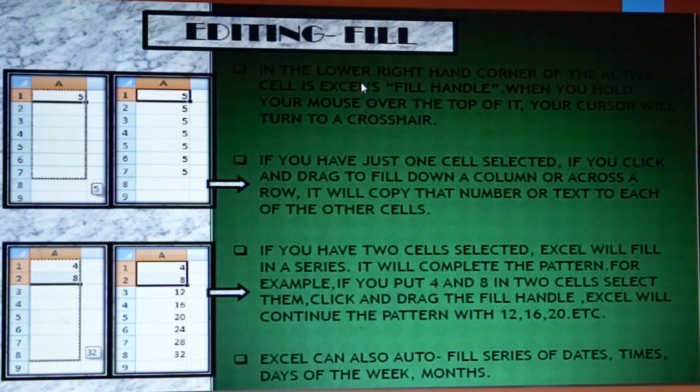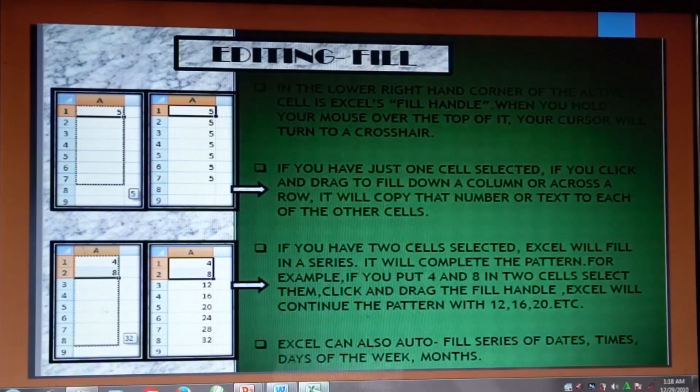In the lower right-hand corner of the active cell is the Excel fill handle. When you hold your mouse over the top of it, your cursor will turn into a cross hair.